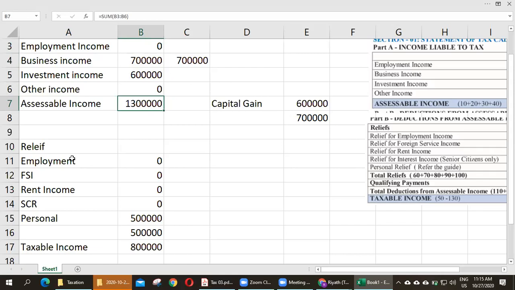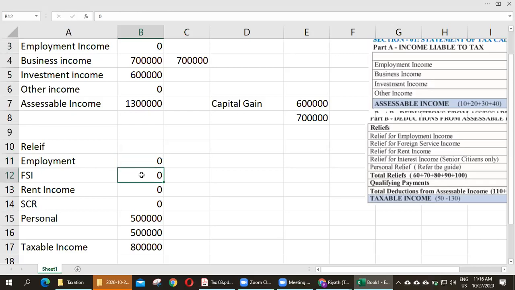There are 5 different reliefs: employment, foreign service income, rent income, senior citizen relief, and personal relief. He is not entitled to employment relief because he does not have any employment income.